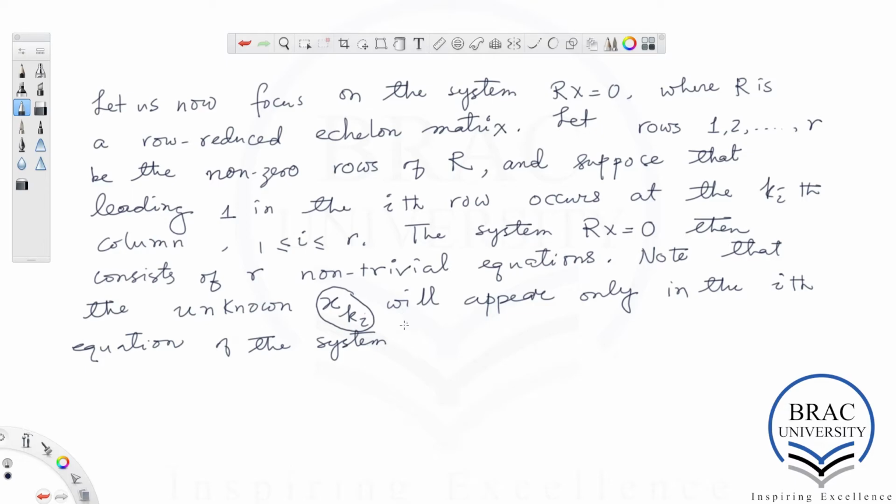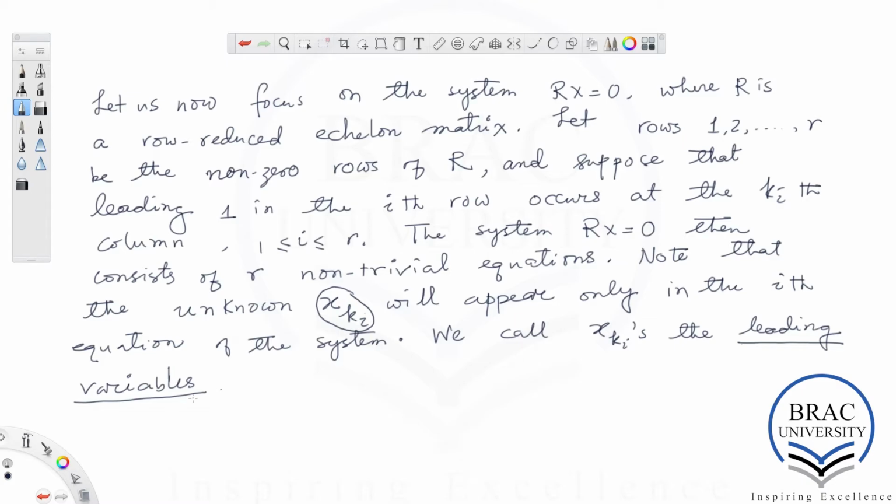Okay, that's the reason. We give it a name to distinguish these unknowns from the other unknowns of the system. We call the x sub k_i's the leading variables, to differentiate them from the other variables.